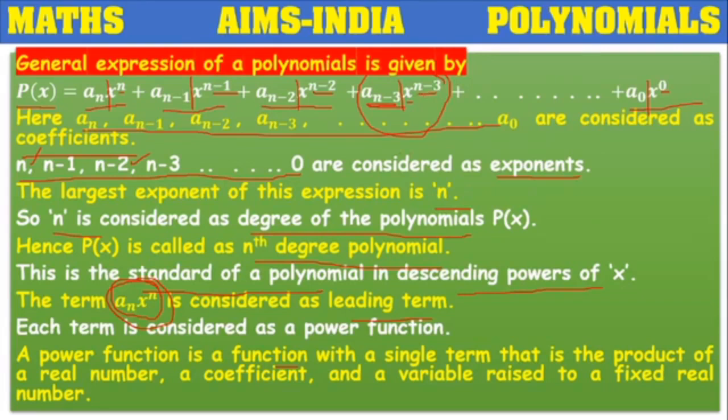So this is considered a power function. Like this, in the general expression of a polynomial, all the individual terms are considered as power functions. So like this we can write the general expression of a polynomial.